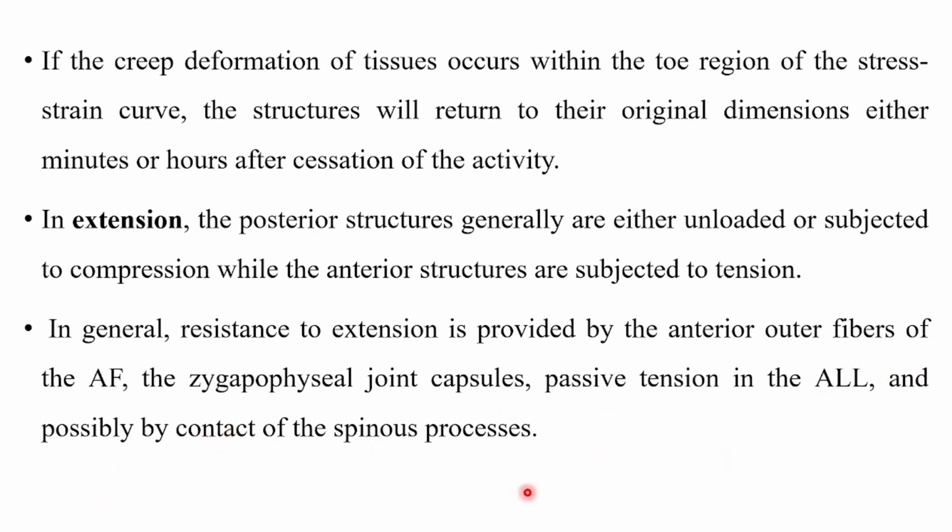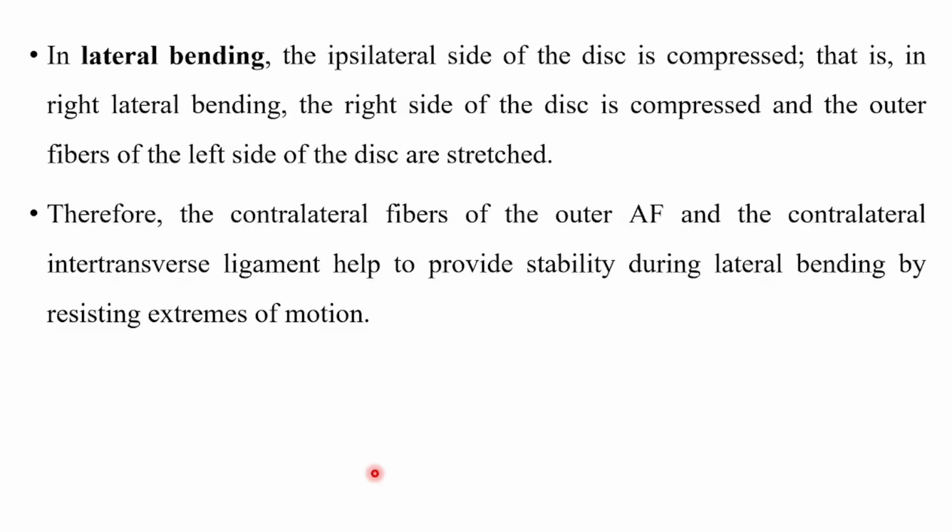That is a bony contact between one spinous process and the adjacent spinous process, by the process known as approximation. In lateral bending, the ipsilateral side, or the same side, of the disc will be getting compressed. That is, in right lateral bending or right lateral flexion, the right side of the disc will be getting compressed and the outer fibers of the left side of the disc will be stretched.